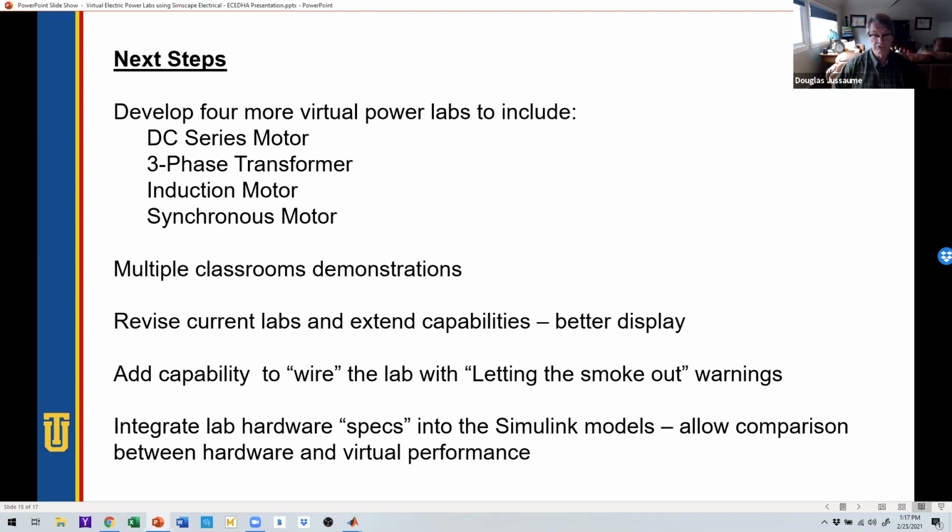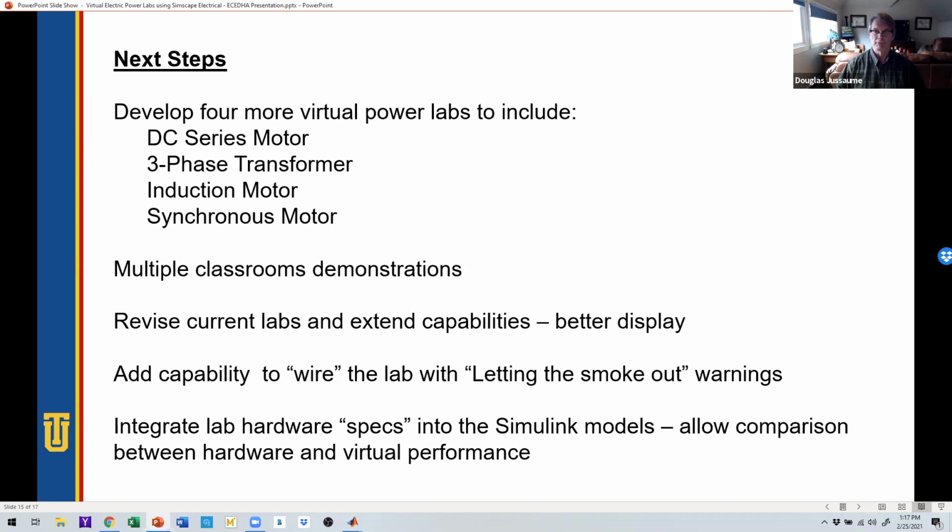Also for me, since this is my first experience with Simulink, I would also like to see what I can do in terms of developing some classroom demonstrations. And I think we need to revise the current labs and extend their capabilities.